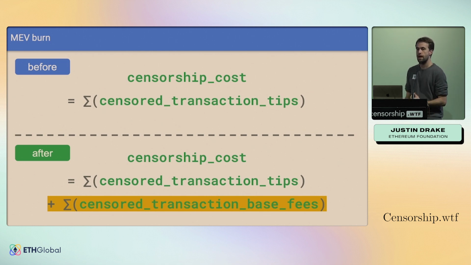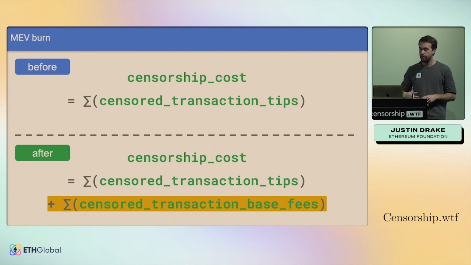So now, as a builder that wants to censor, I have to cover both the tips and the base fees. It turns out that tips in practice are much, much lower than base fees. To give you an order of magnitude, tips are about 1 gwei per gas, but base fees are, let's say, 30 gwei per gas. So there's a 30x delta between the two.